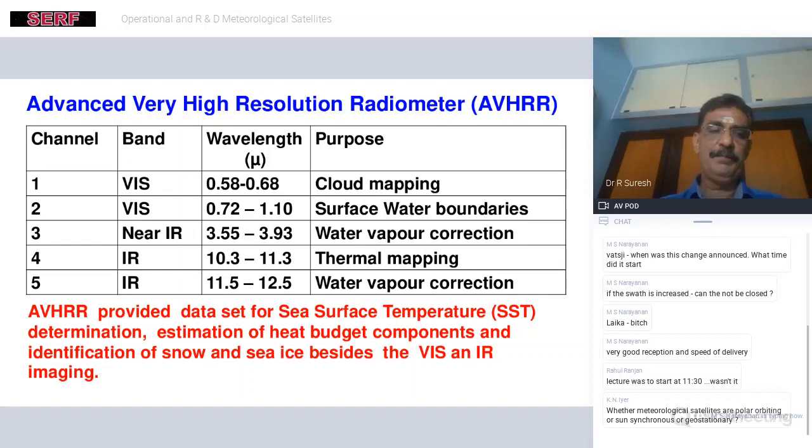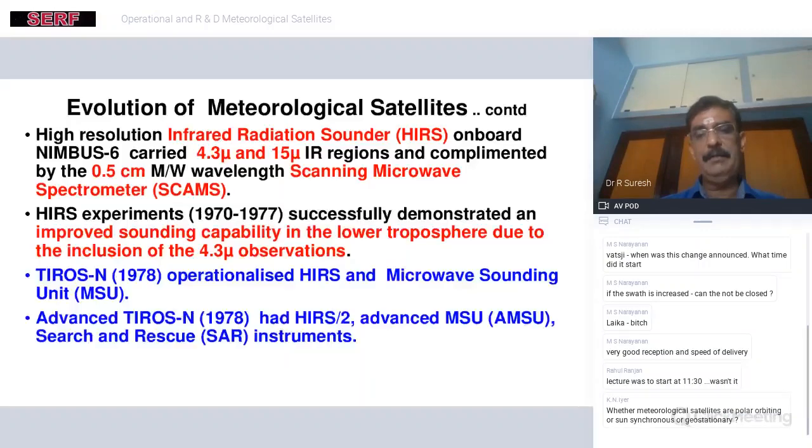In addition, sea surface temperature estimation also started with these satellites, based on the micrometer radiation upwelling and received by the satellite, and processed with the devised algorithms.